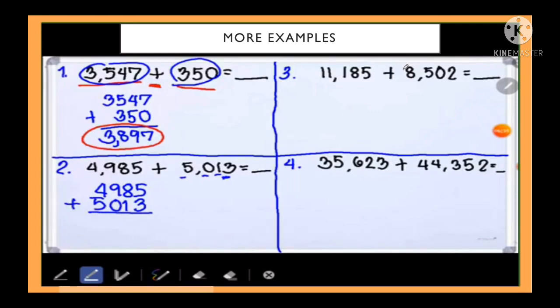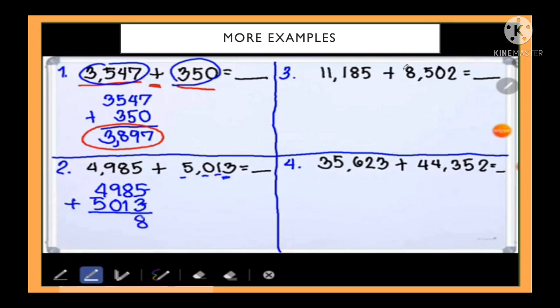Alright. Don't forget the symbols. So after arranging the addends together with the symbols, we will now do the second step, which is we need to add each column. We will start on the ones place. Okay, so we have 5 plus 3. Show your fingers. Count it. 8.